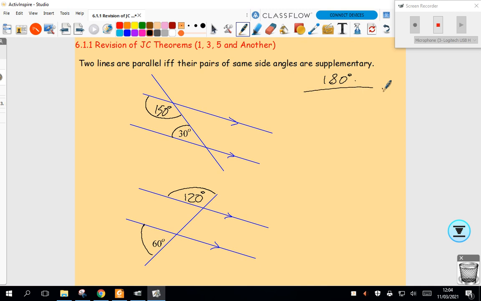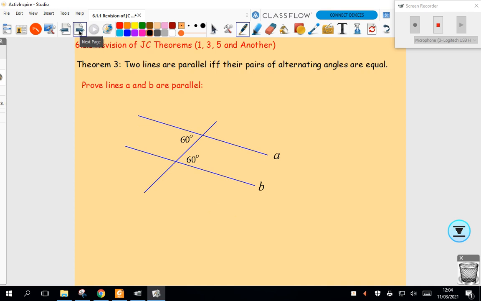Okay, these are all junior cert theorems. Theorem 3 says two lines are parallel if and only if their pairs of alternating angles are equal. Prove that the lines A and B are parallel here. So I'm given that these two angles are 60 degrees. So I'm going to say A is parallel to B since their pairs of alternating interior angles are equal.